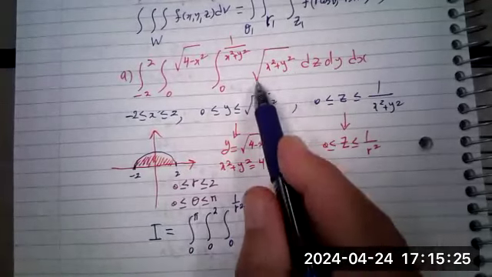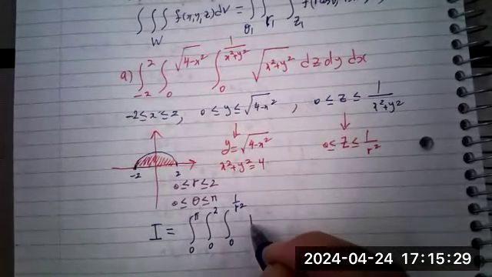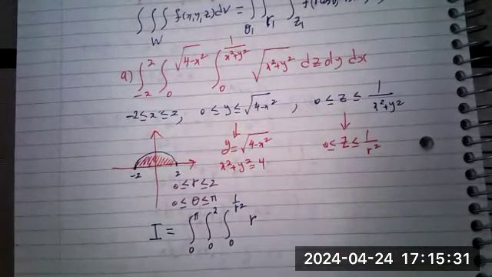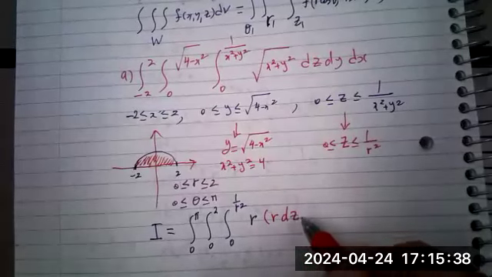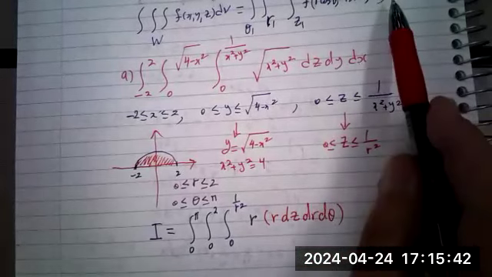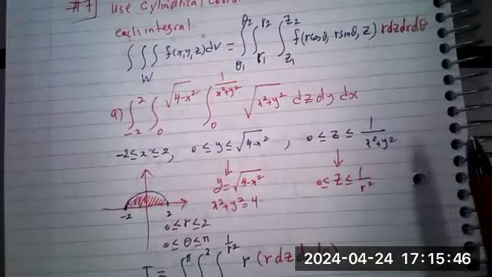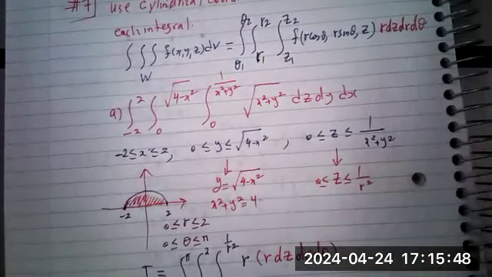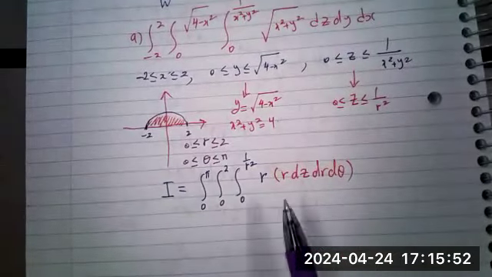So this is just r, or the radical of r squared. And remember that extra r that we have. So it's going to be r dz dr d theta, like the polar coordinates.